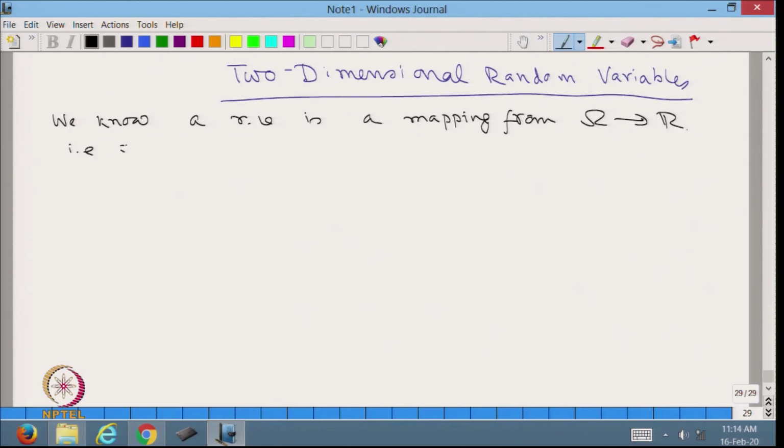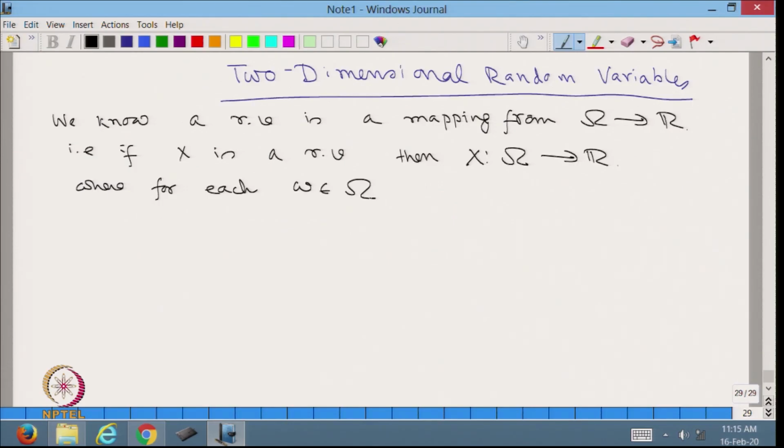That is, if x is a random variable, then x is from omega to R, where for each omega belonging to capital Omega, x of omega is some numerical value.